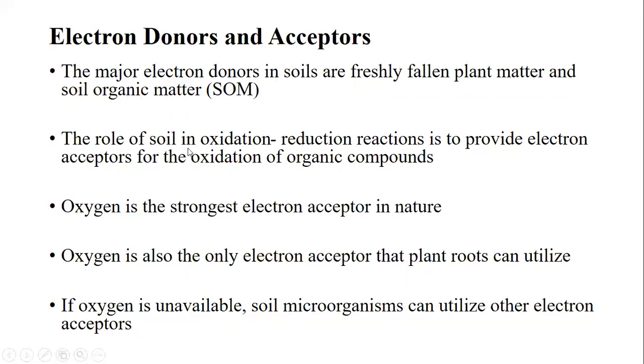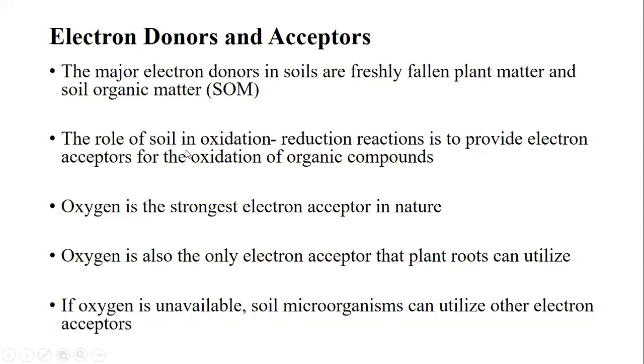The role of soil in oxidation reduction reactions is to provide electron acceptors for the oxidation of organic compounds. The decomposition of organic compounds is actually an oxidation process. When we say that organic compounds are decomposed in soil, we use this general term, but in real chemical terminology, it's an oxidation process.